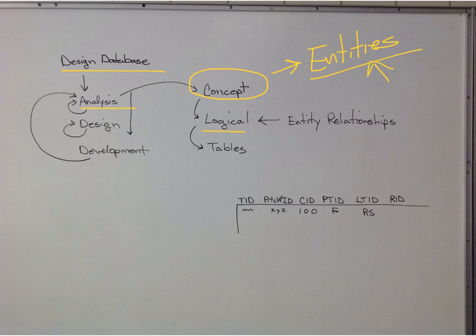From there we get a logical view and we build an entity relationship, and then we can start thinking about creating some tables. So we do an analysis, make sure we understand the problem, then we start designing it, and once we get far enough in the design, you have 1 or 2 routes.